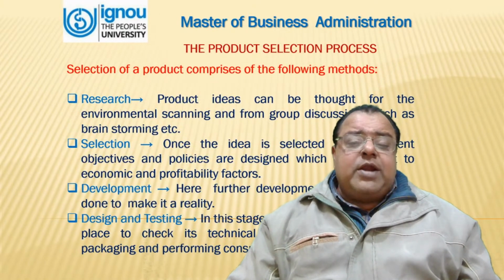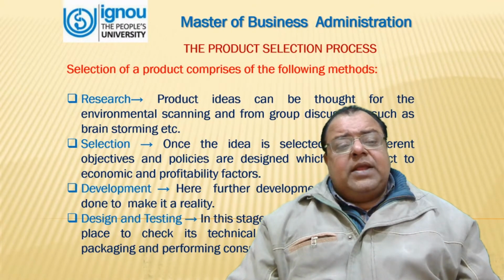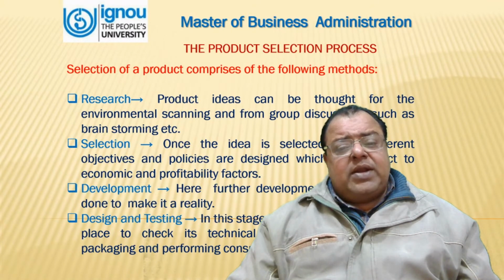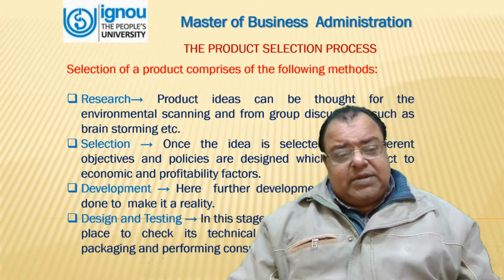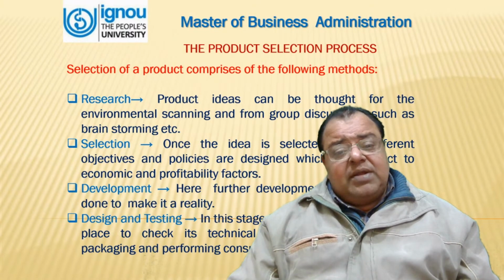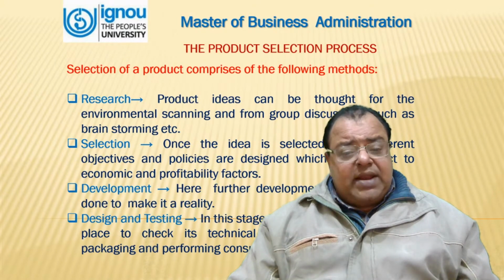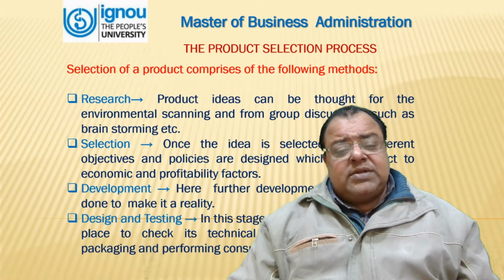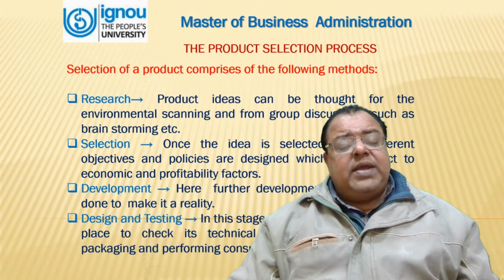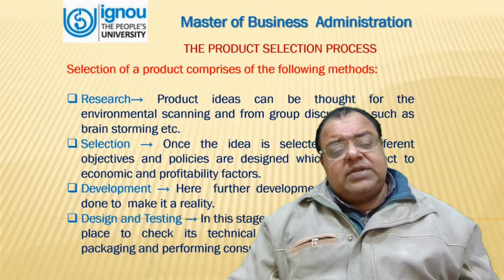Now, product selection processes. Selection of a product comprises the following methods. First one is research. Product ideas can be thought of from environmental scanning and from group discussions such as brainstorming, etc. Second one is selection.